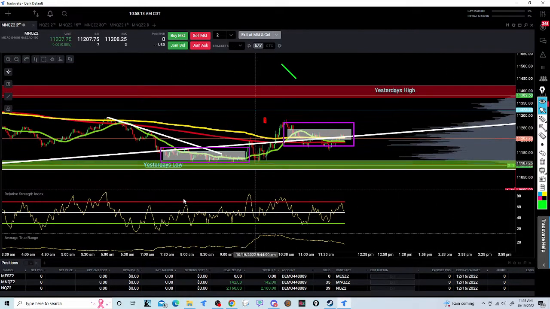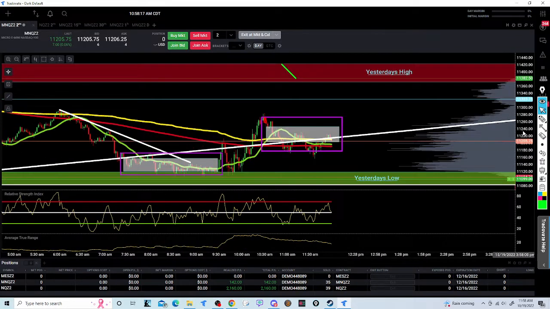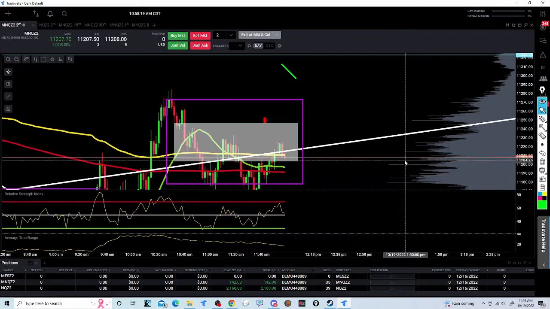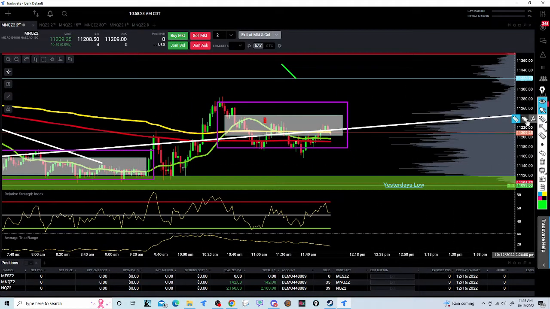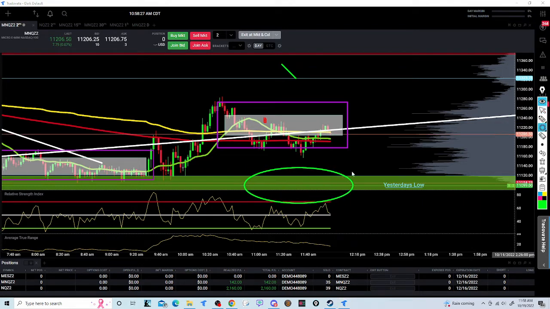This is yesterday's high. This is yesterday's low. We have a major area of support right below us. So the odds are not in your favor to be trading to the short side so close to an area where a lot of buyers are waiting.